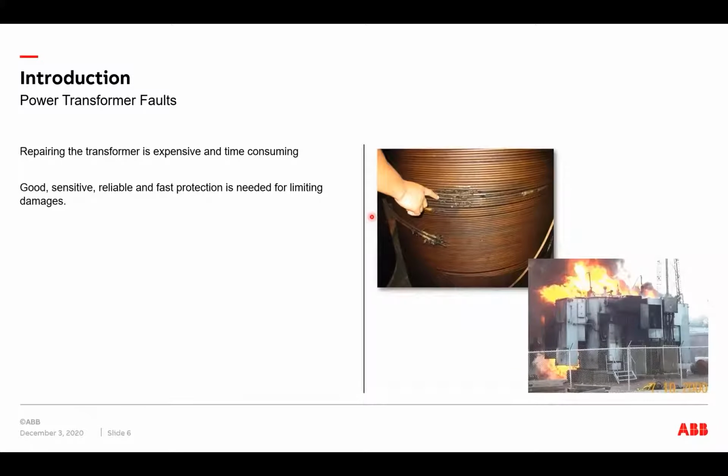But to limit this kind of fault, so we don't end up with more damages to the power transformer, we need to have a protection that is sensitive and reliable and clears the fault as quickly as possible.